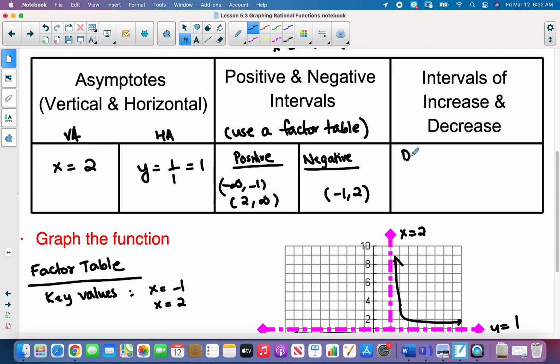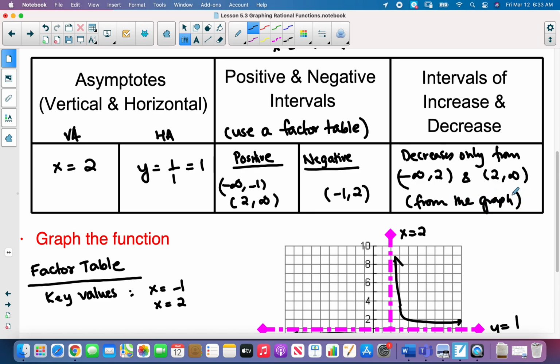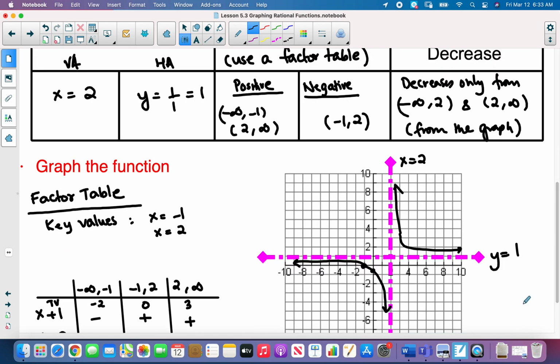So it decreases from negative infinity to 2 and from 2 to infinity. This we get from the graph. There are no intervals of increase. It's continuously decreasing as we go from left to right.